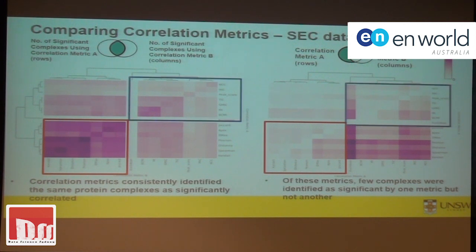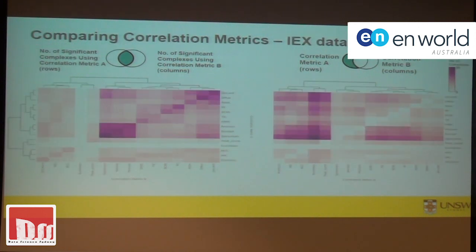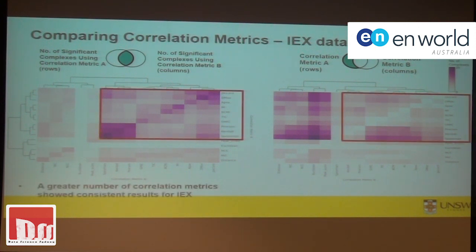And these ones, such as Euclidean distance and the mutual information-based metrics, didn't perform very well. And when we look at the IEX dataset, there are more correlation metrics that showed consistent results. This could be because the IEX dataset is larger, or it could be that IEX data is easier to interpret.